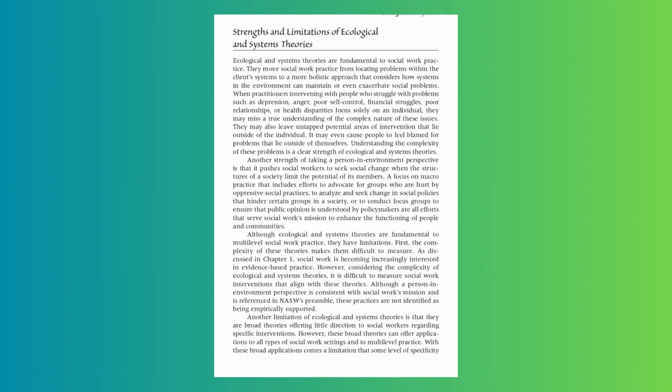Another limitation of ecological and systems theory is that they are broad theories offering very little direction to social workers regarding specific interventions. However, these broad theories can offer applications to all types of social work settings and to multi-level practice. With these broad applications comes a limitation that some level of specificity is lost.